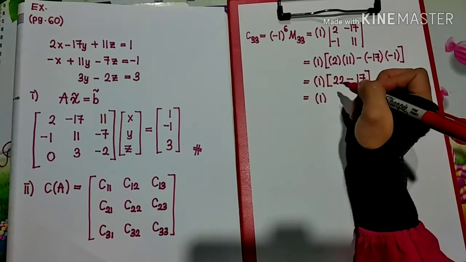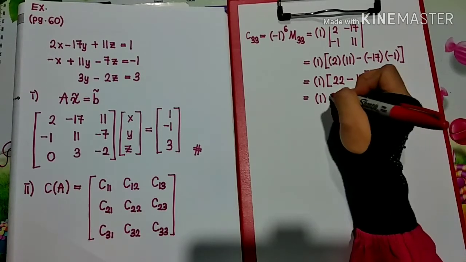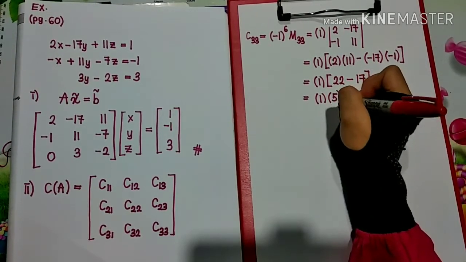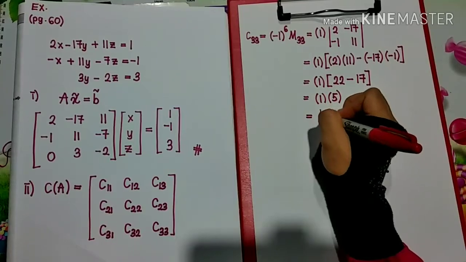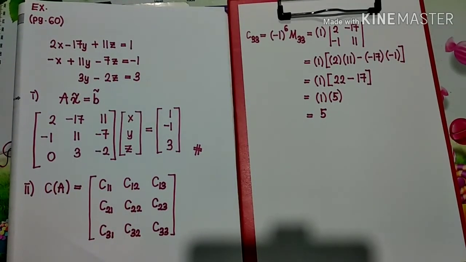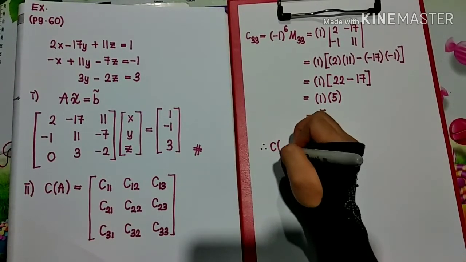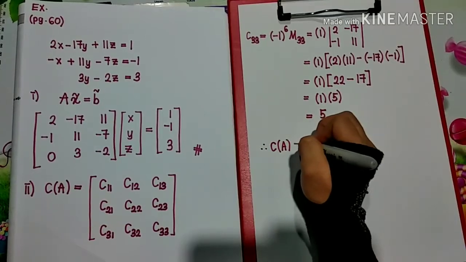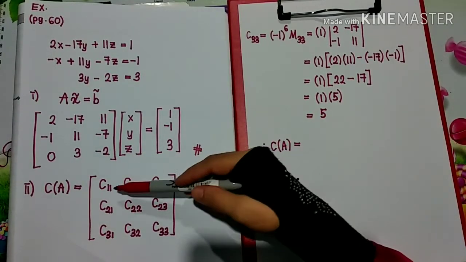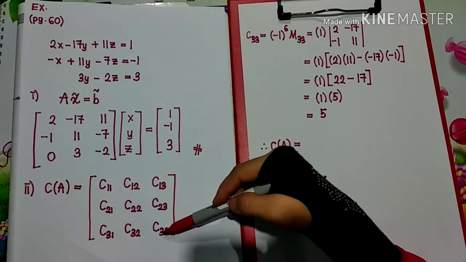So 22 minus 17, what you will get? 5, right? So 1 multiply with 5, you will get here 5. After you get all the C11, C12 up to C33 here, then you can write the answer for the cofactor of matrix A. So you substitute all the values for C11, C12, C13 until C33 here.